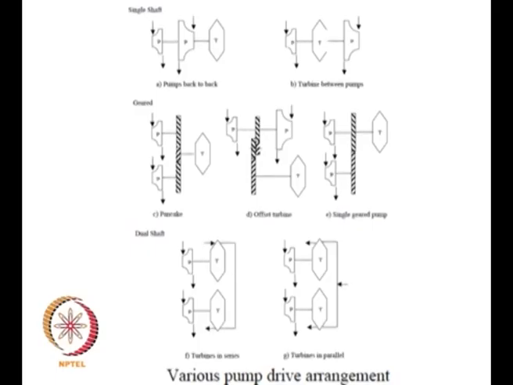Then you have various arrangements wherein you have a separate turbine for each pump. If you look at this C, B and F here, you can use this when there is a difference in the density of the two propellants.